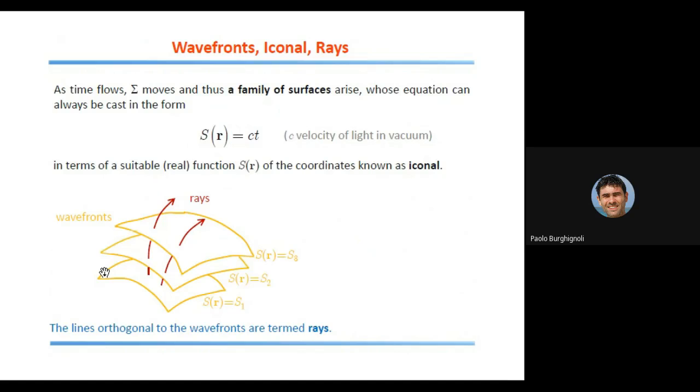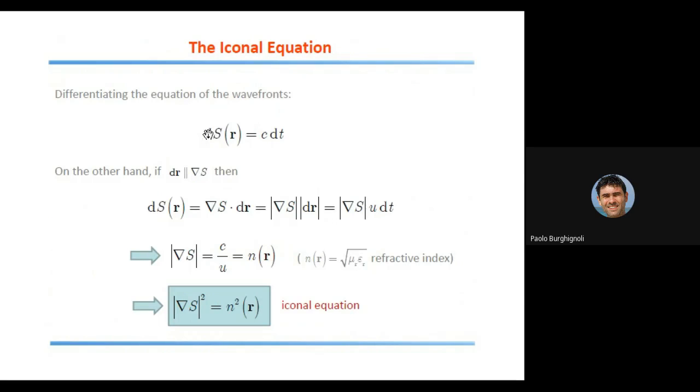Now it's quite simple to derive an equation for the iconal. If you differentiate the equation of the wavefronts, you get that the differential of the iconal is equal to c, the velocity of light in vacuum, times the differential of time. However, if you move along the normal direction, then the differential of the position vector is parallel to the gradient of the iconal.